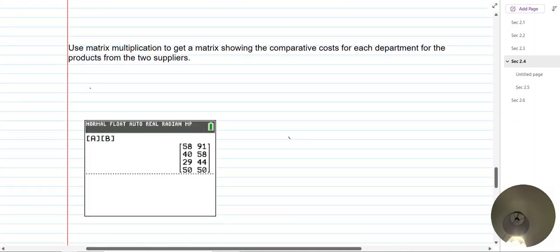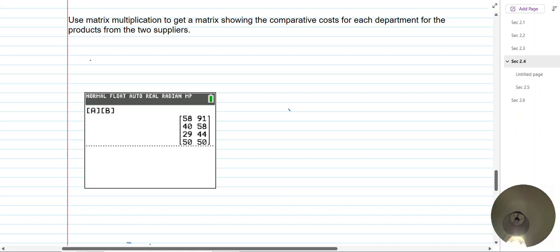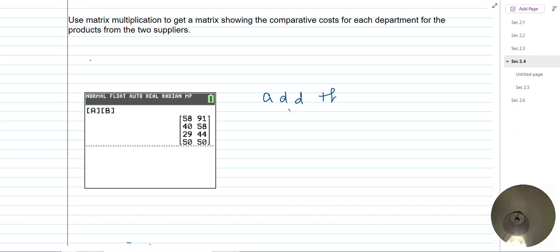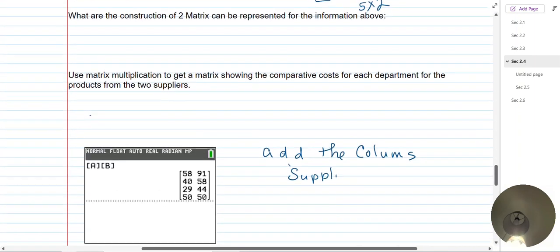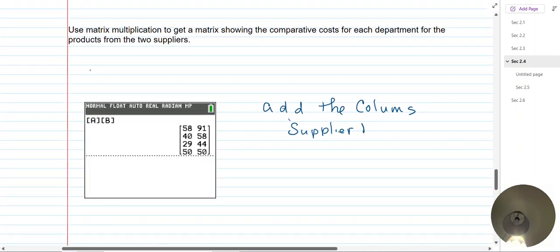All right. So now what we want to do is figure out the cost for each of them. So we're going to add the columns, because we have supplier 1 and supplier 2.